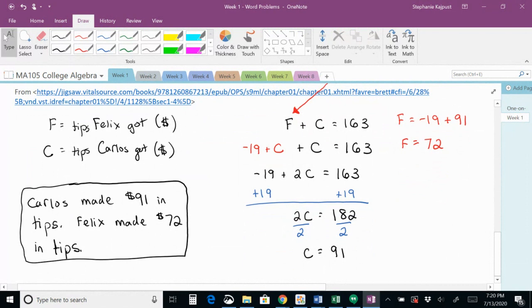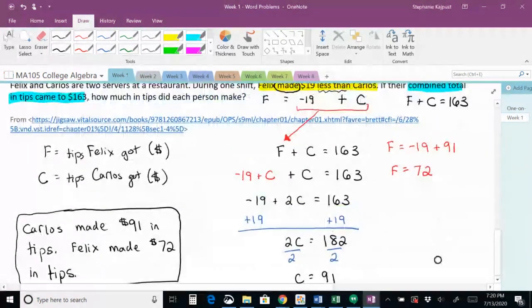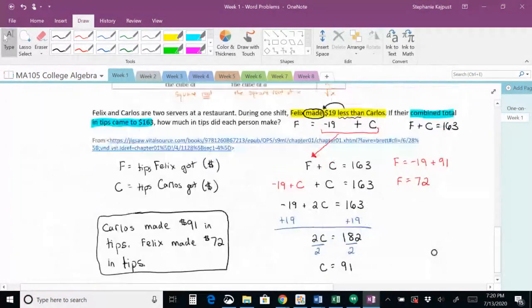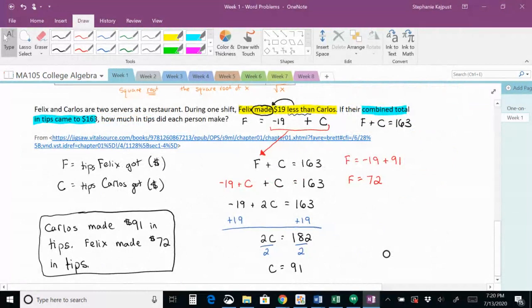So that's an example of translating. Just kind of zoom out a little bit here so you can see all of it. Taking a word problem and then translating it into some equations that you can work with. There are different categories of word problems that we see over and over again. Word problems that involve a total and then some sort of relation between the two things is a very common type of word problem.